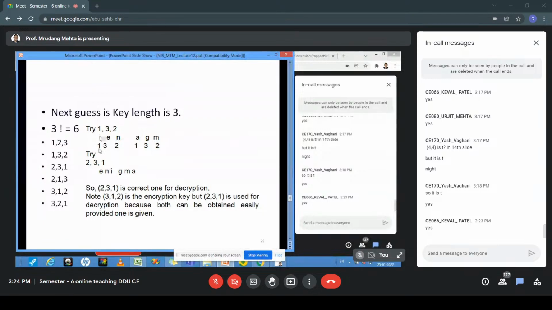Okay, 2, 3, 1. So if we reorder the 3 characters of the ciphertext into 2, 3, 1, it results in decryption.